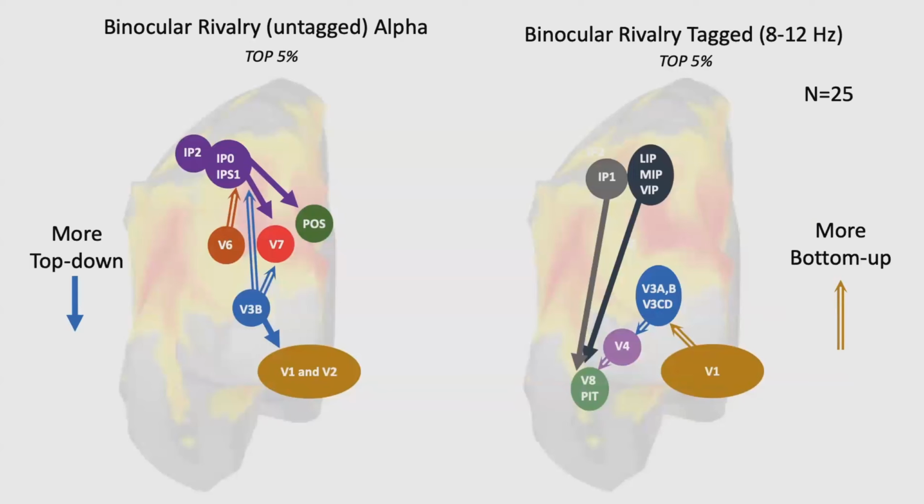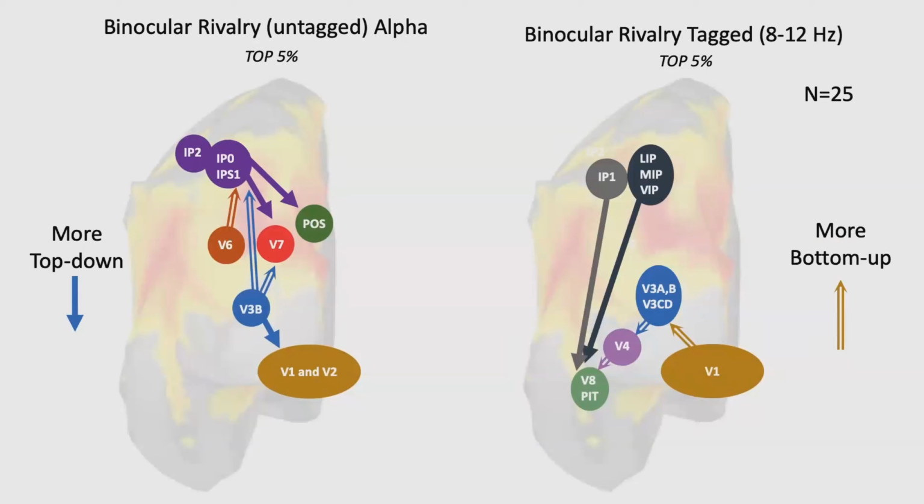This data here is just a preliminary analysis that we did using Granger connectivity. We intend to follow up with the same PTE connectivity that I already talked about. As I said, this is preliminary, plotting the top 5% of the Granger connections.